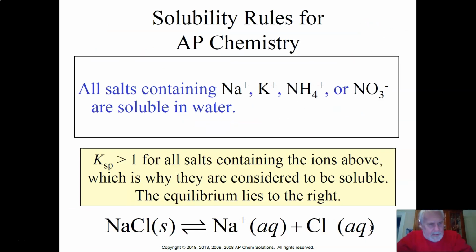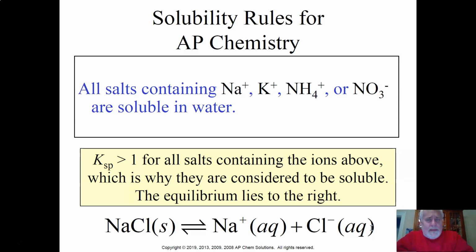Now, you have solubility rules on the back of your yellow sheet, and you're still welcome to utilize those in doing these problems. But I think if you could remember the ones that are always soluble: sodium, potassium, ammonium, and then nitrate for the anion, that'll be really, really helpful.